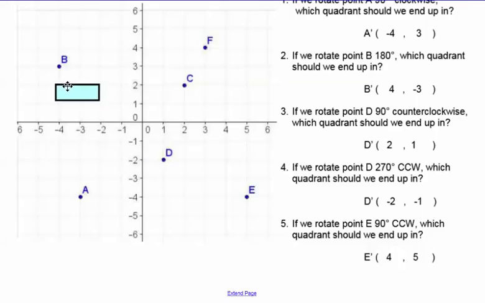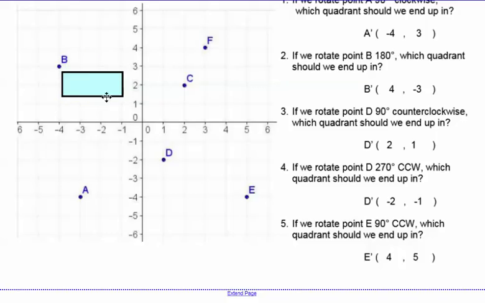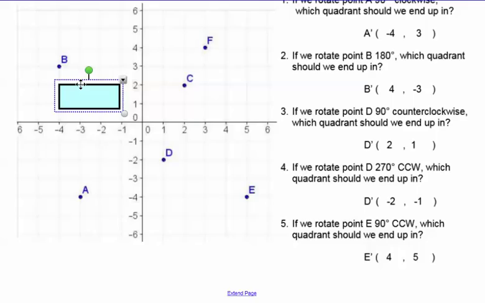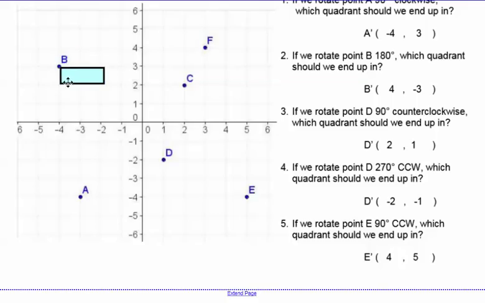All right, the last thing that I would like to talk about that isn't really on here, let's say that we were rotating this picture. If we were rotating this, you would just do each point one at a time. It doesn't exactly fit, but let's say that's point B, and let's say we had point A right here.